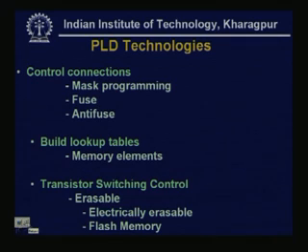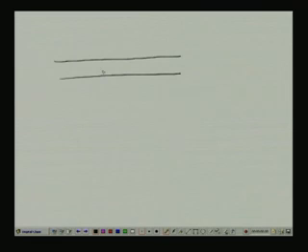We see that already. Say I have some arrays, and say here some transistors are there.